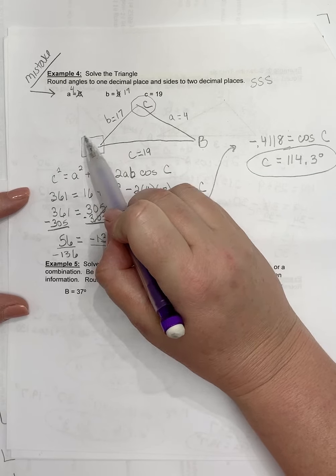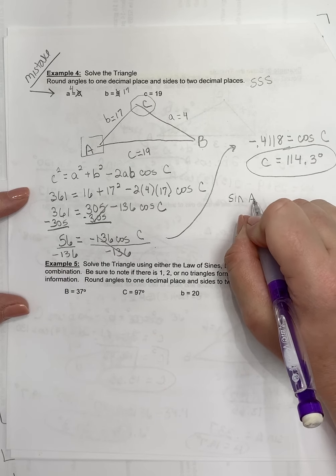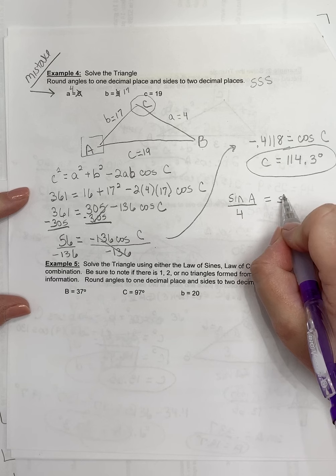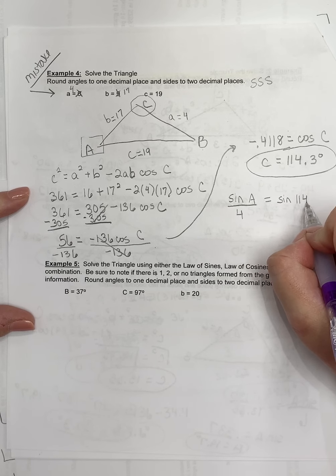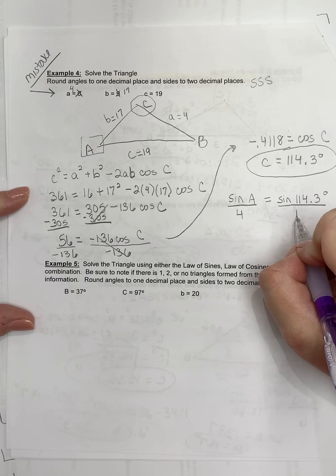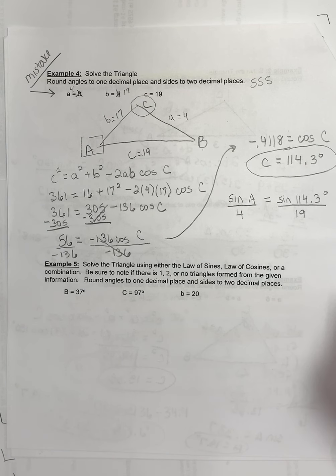We're going to choose angle A because it's the smallest. So we're going to put sine A on top over 4 equals sine of 114.3 degrees over 19. Multiply, divide, take the inverse, and so on. And I think you can take it from there.